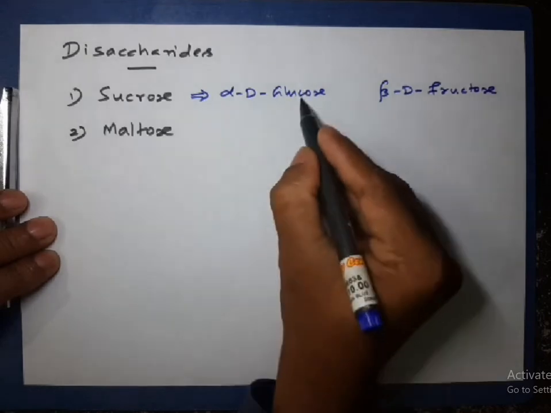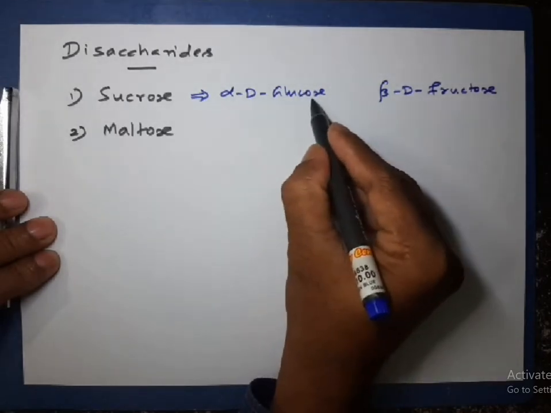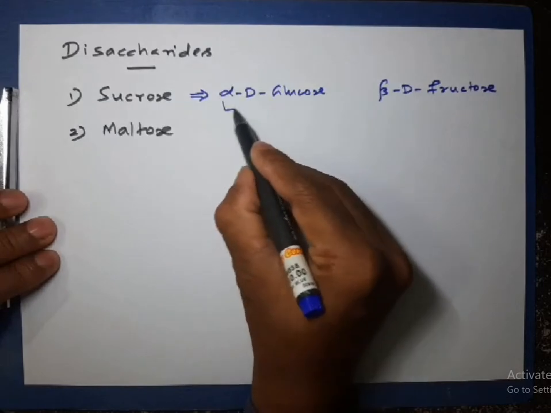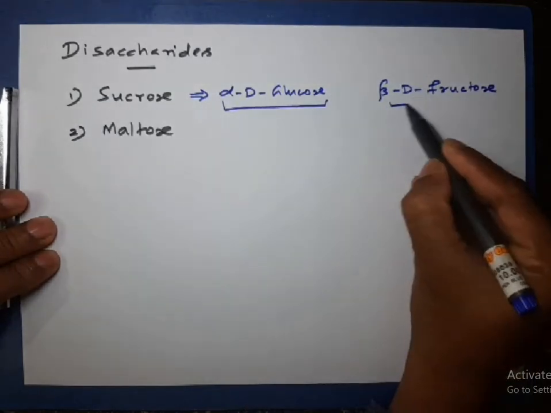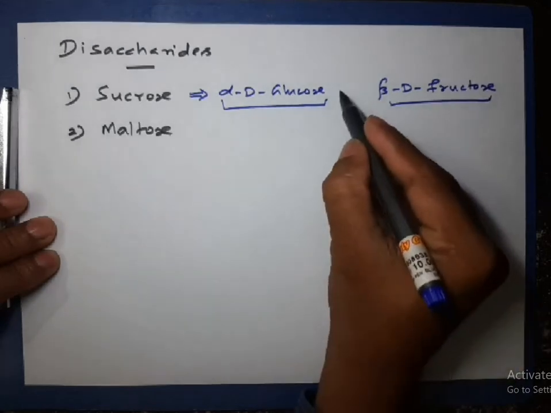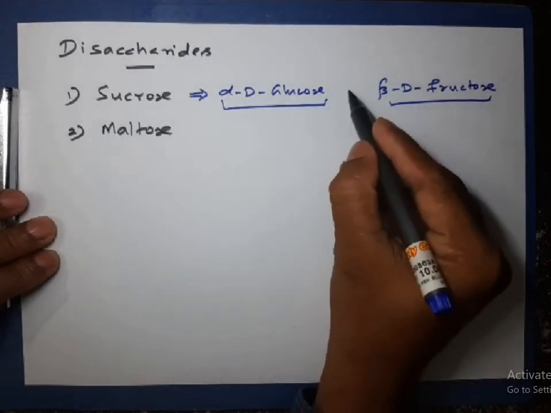Actually speaking, alpha D glucopyranose, but I'll just use this term, alpha D glucose and beta D fructose. They link together by means of glycosidic linkage.